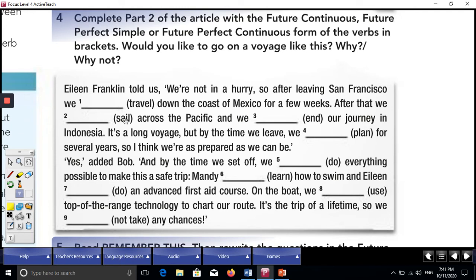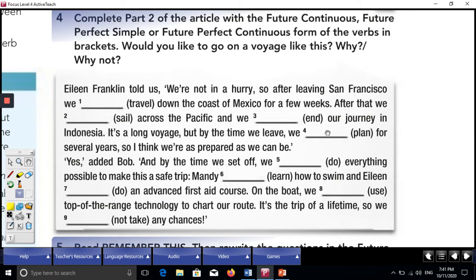It's a long voyage, but by the time we leave, we have here by the time, so we use future perfect continuous. We will have been planning for several years, so I think we are as prepared as we can be.